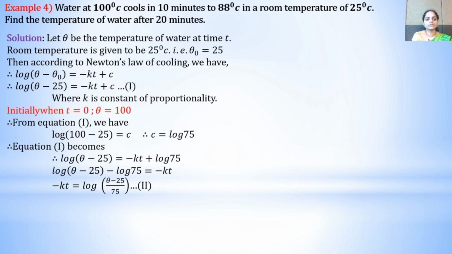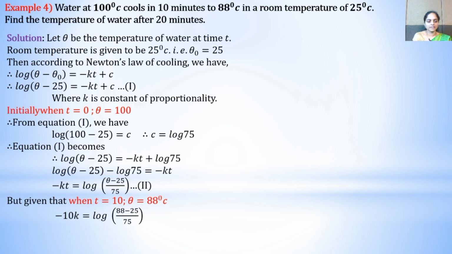But it is given that after 10 minutes the temperature will be 88 degrees Celsius. So we take t is equal to 10, theta equal to 88 degrees Celsius. Now we put the values of t and theta in equation 2. So equation 2 becomes minus 10k is equal to log of 88 minus 25 divided by 75.